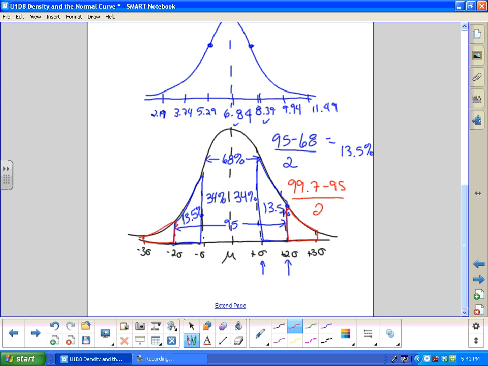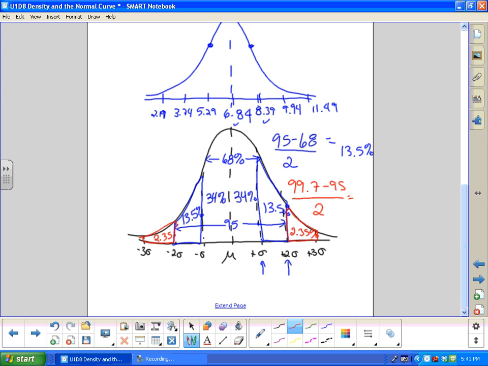If I divide that in half, this gives me the area of one, which is 2.35%. I don't know if I did that right. No, that's right. Yeah, 2.35%, because it's 4.7% divided in half.